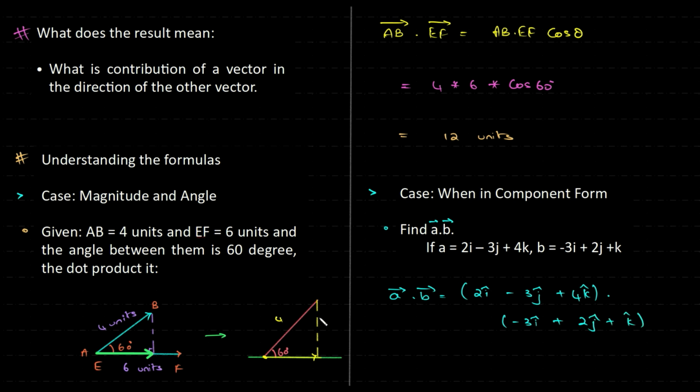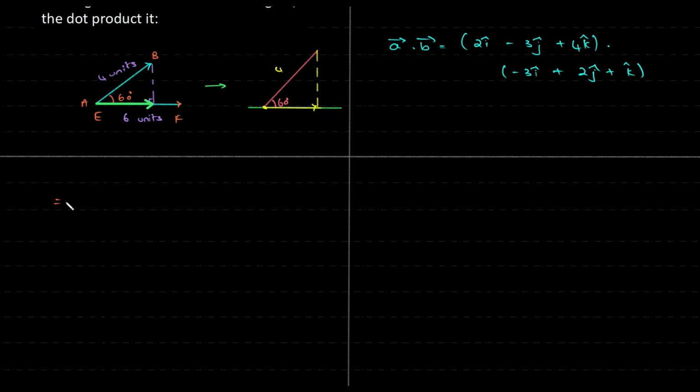So if I take a dot product, we will end up with 2 into minus 3. That is, we have to multiply the coefficient of i with i, then minus 3 into 2 plus 4 into 1. So this would be minus 6 minus 6 plus 4, and this is minus 8 units. That's how you figure out the dot product.